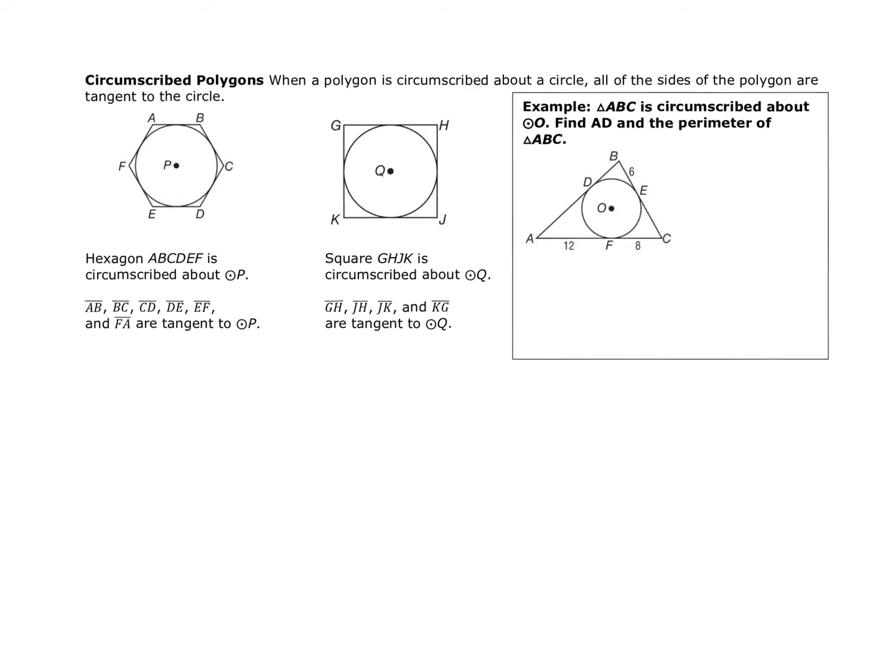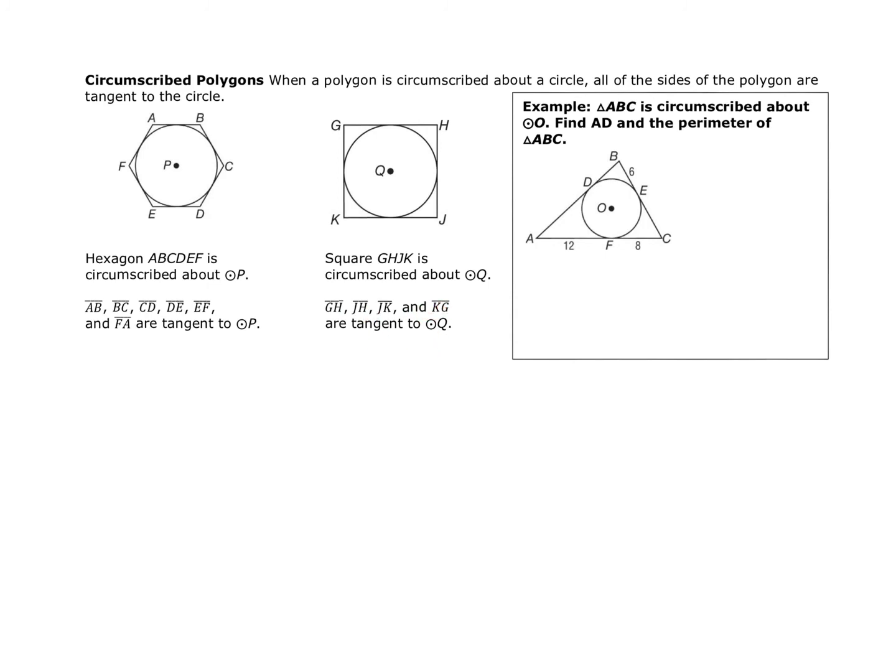Hexagon ABCDEF is circumscribed about circle P. Inscribed is on the inside of the circle, circumscribed, so written around, is on the outside. Square GHJK is circumscribed about circle Q, and all of the sides of the square are tangent to Q.